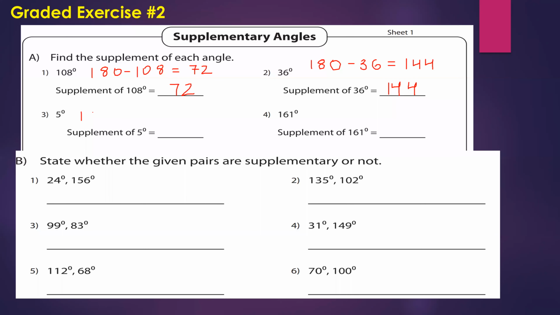So we have 180 degrees minus 5 degrees, and that's going to be 175 degrees. That's correct. So the supplement of 5 degrees is 175, because remember, supplementary angles are angles whose sum is 180 degrees.